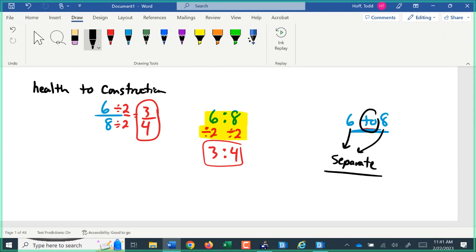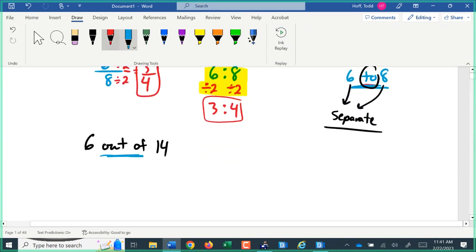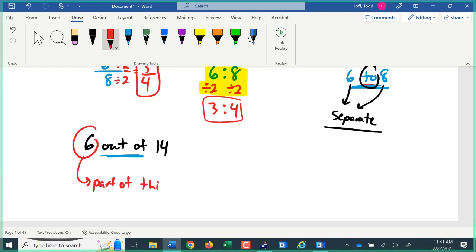Another way I could have worded that was that 6 out of the 14 high school students that I currently have are in the Math for Health. When we use this wording, the "out of," that implies that this is part of this total. So 6 out of 14 is implying that 6 is part of the 14.